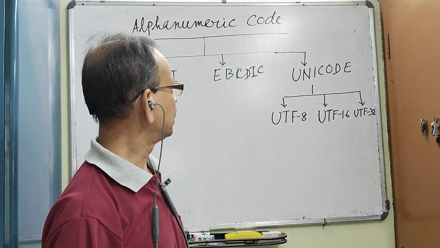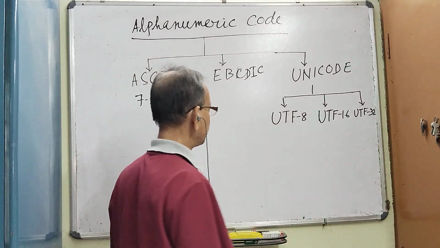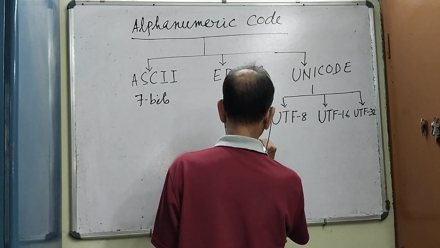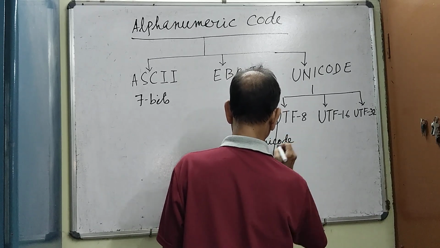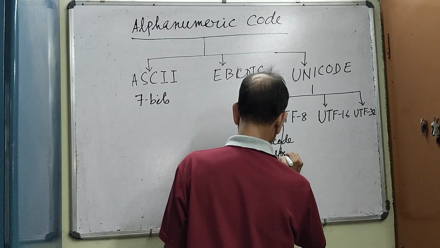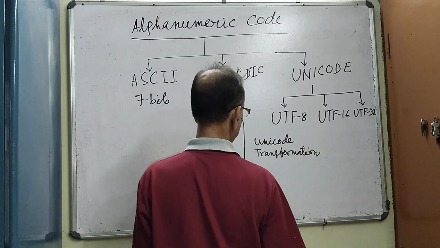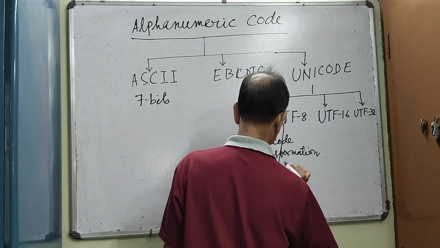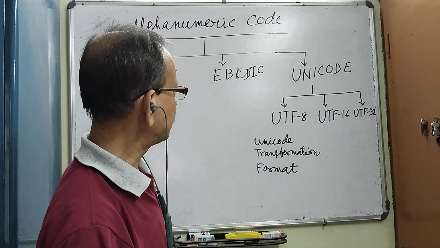So these are three Unicode. UTF means Unicode transformation format. Unicode transformation format. This is the first.